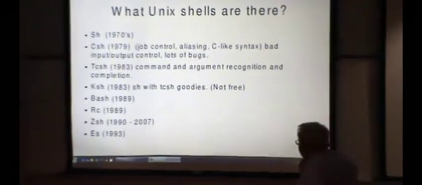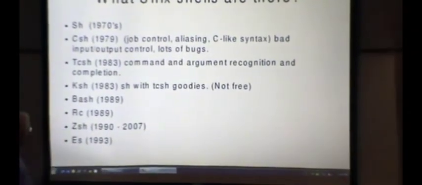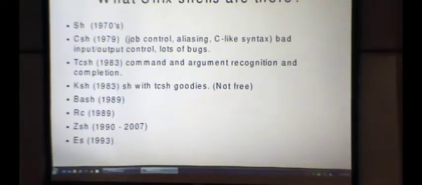Well, I told you that a lot of people like the TOPS-10 things, and they added the TOPS-10 things to csh, which are command argument recognition and completion. What that means is that when you start typing the command, you can then hit tab usually, and if it's unique, it'll complete it for you.